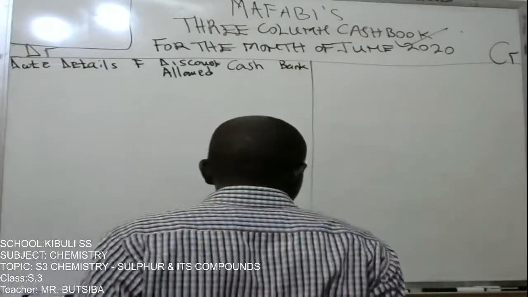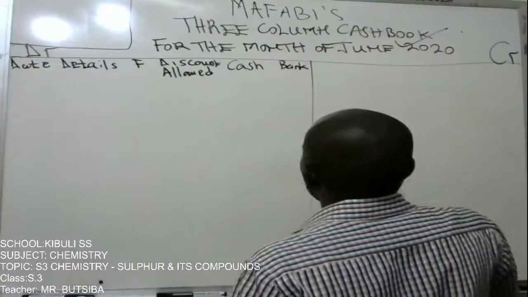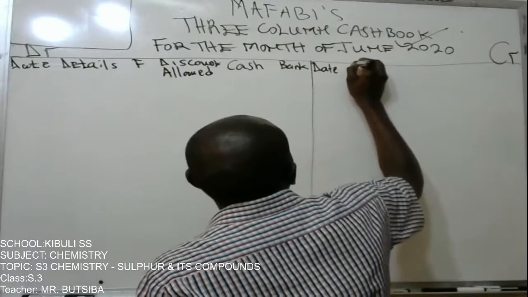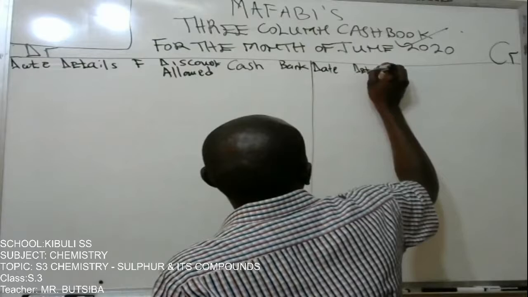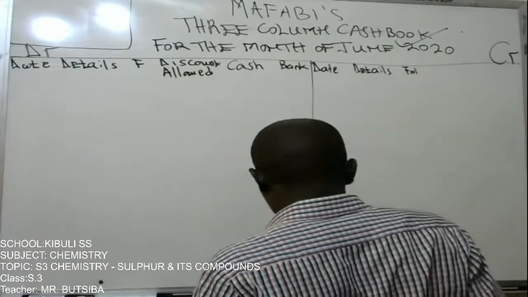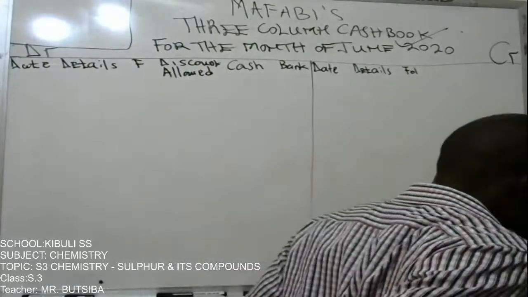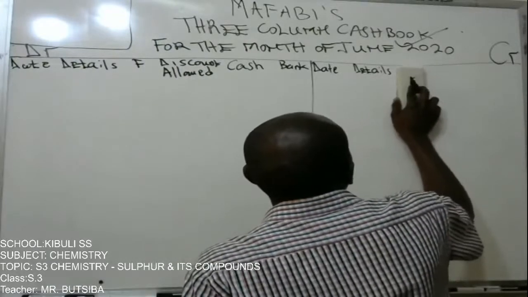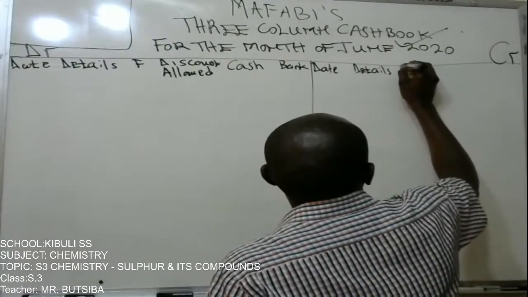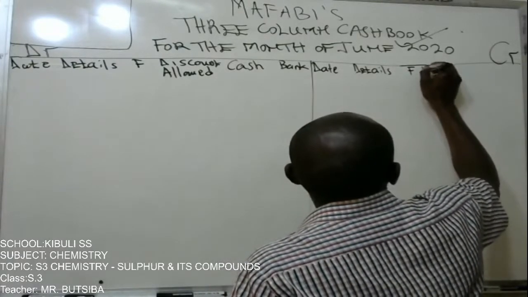Repeat the same columns on the credit side. You have the date, the details, you have your folio, abbreviated. Then you have your discount.